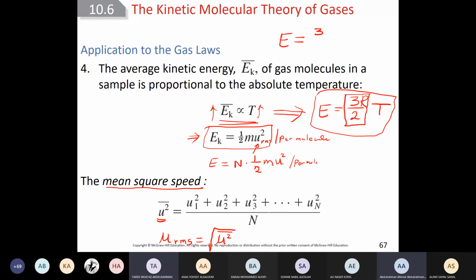Clear? Good. Now, don't forget what's Na. Avogadro's number. Okay, good. And this is half mu squared. If you multiply Avogadro's number by m, what are you going to get?